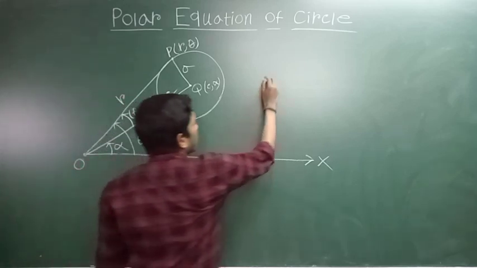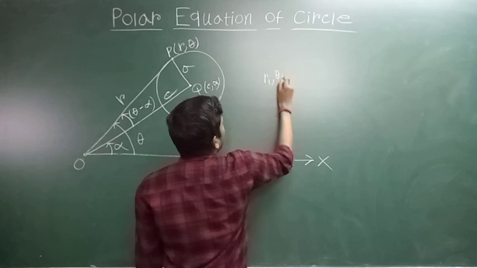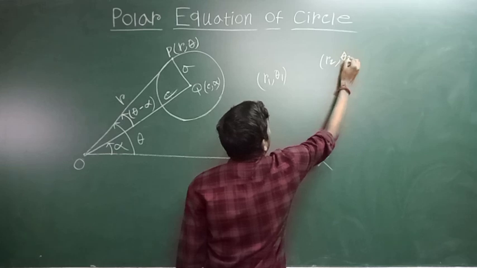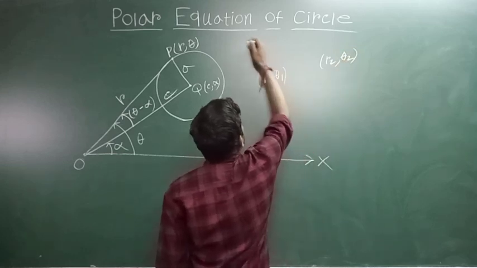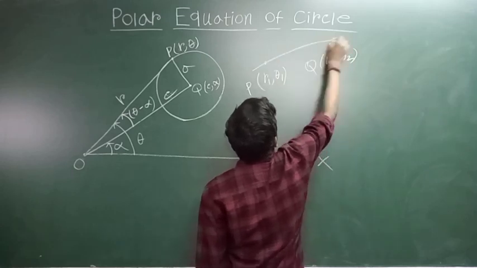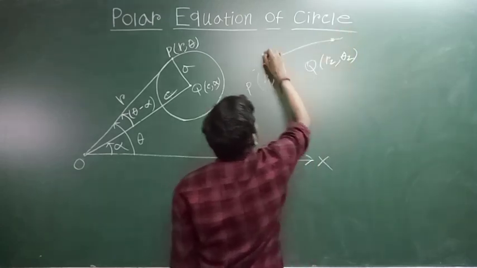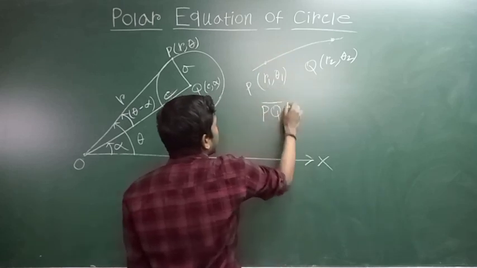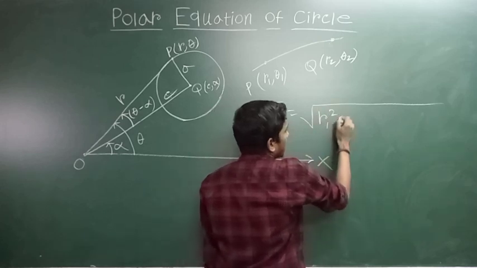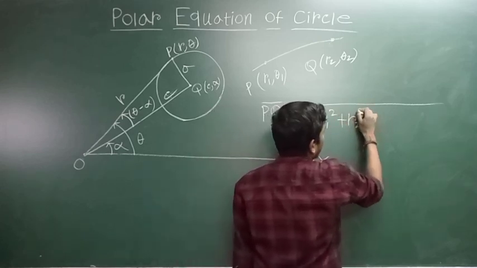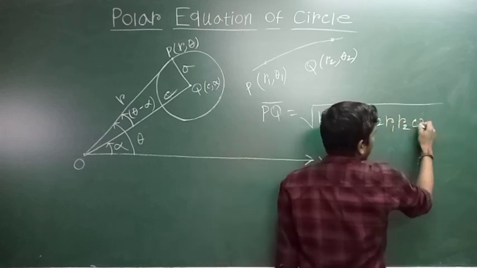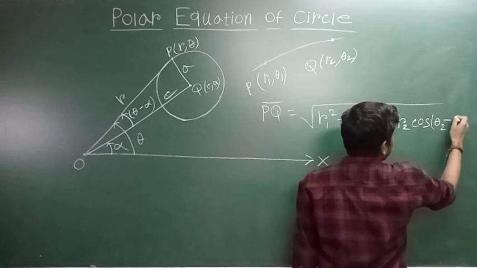If there are 2 points (r1, theta 1) and (r2, theta 2), say this is point P and this is point Q, the distance between these 2 points PQ is given as root over r1 square plus r2 square minus 2 r1 r2 cos of (theta 2 minus theta 1).